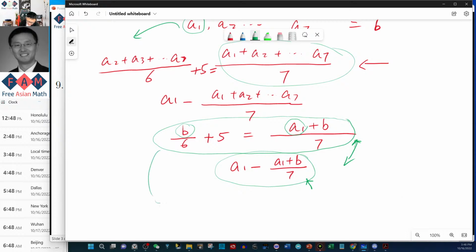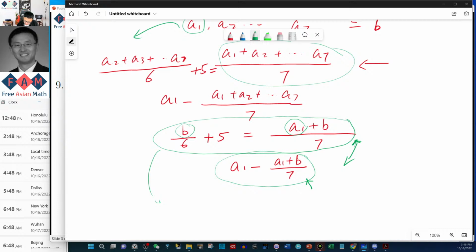Let's manipulate this a little bit, because you need to just think about it. If you multiply the average by 7, what will you get? Then you get the sum A1 plus 7B. And that will give you one extra copy of the original.